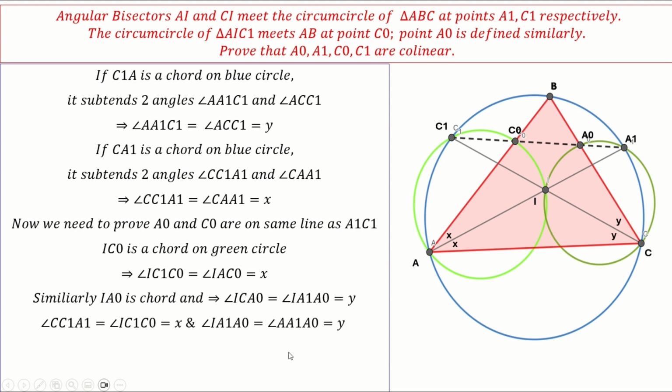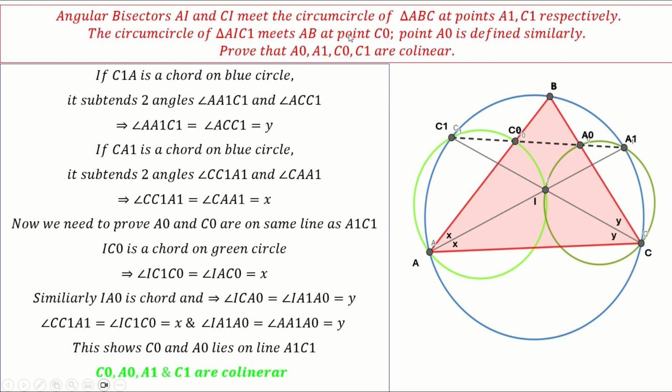That means we proved that these 4 points are on the same line, which are collinear. Hope you understand this. The diagram is very important. I chose this one as a complicated diagram problem. You should draw the diagram correctly.